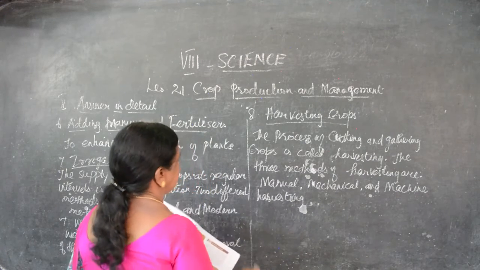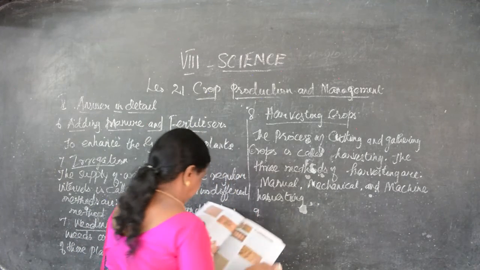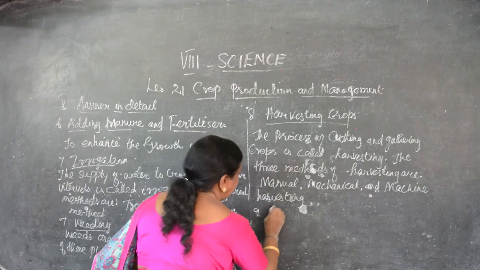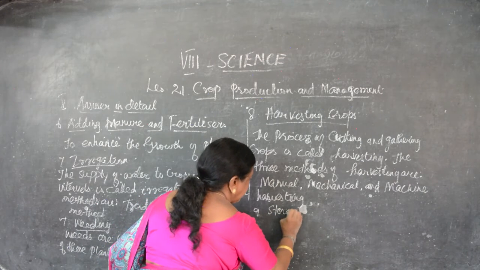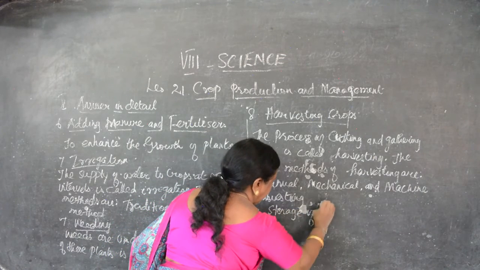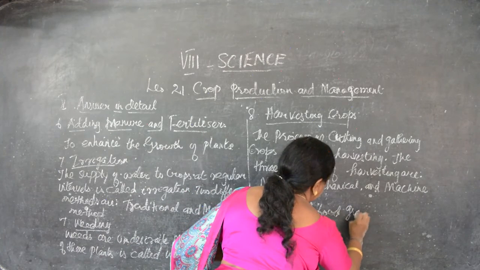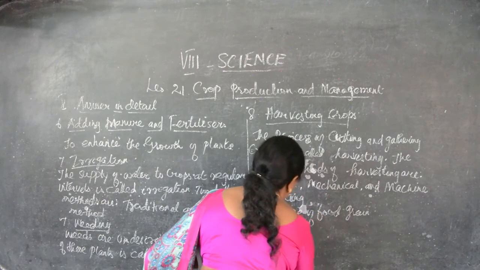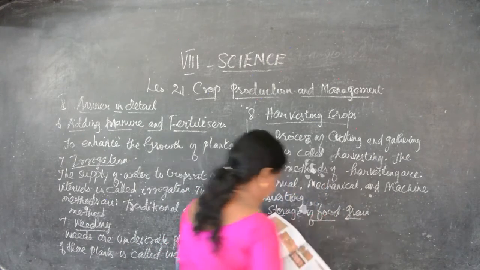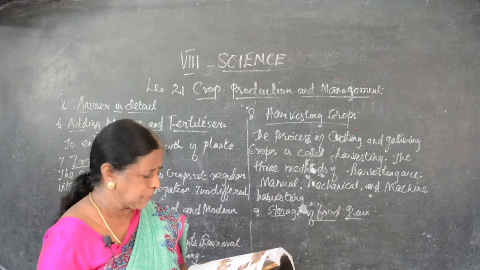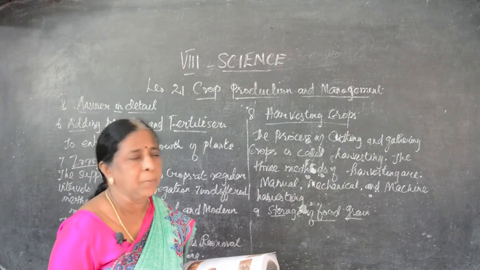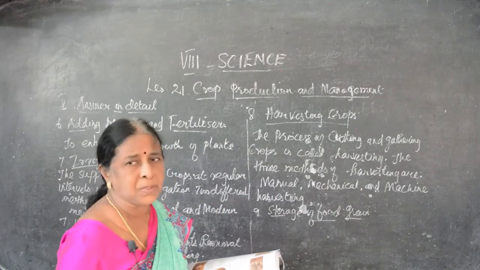And the last one is storage. Storage of food grain. It is not the easiest process. It's not a simple process. Farming, that is, agriculture is not a simple process.